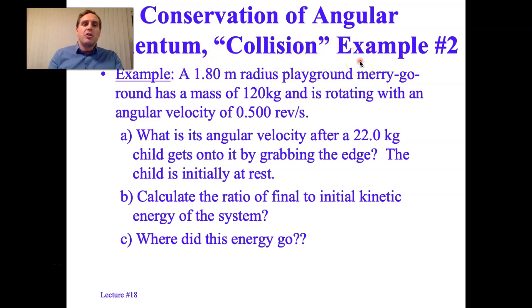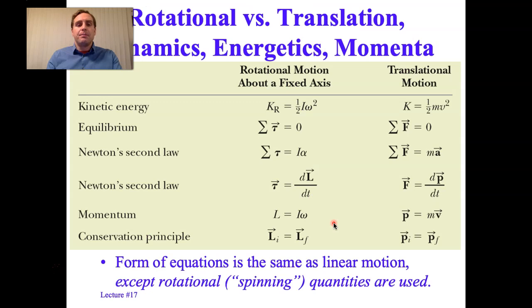And so when the child jumps on, there's an increase in the rotational inertia, so there should be a decrease in the angular velocity if the system conserves angular momentum. So if we're just given mass and radii and angular velocity, we should be able to calculate what the final angular velocity is and see what happened to the kinetic energy. Okay, so again, I will perform this example in a later video.